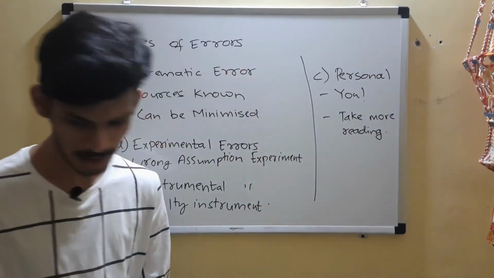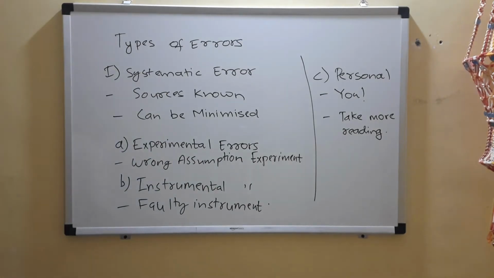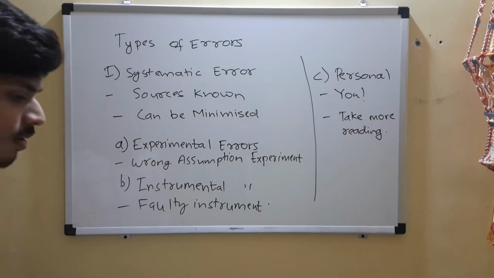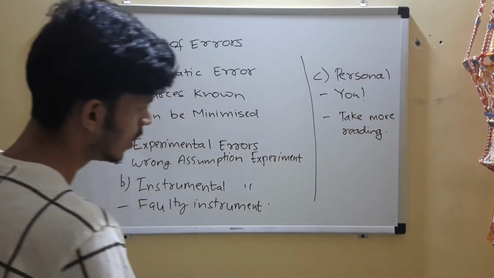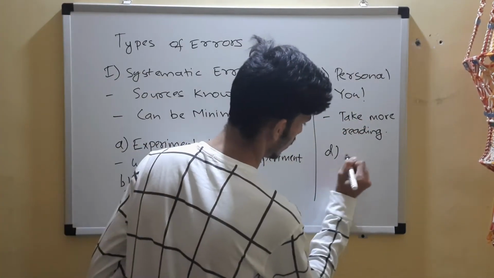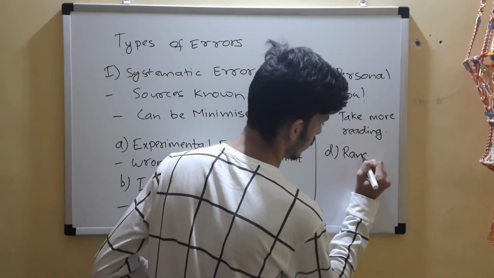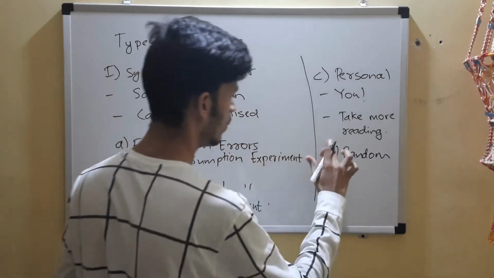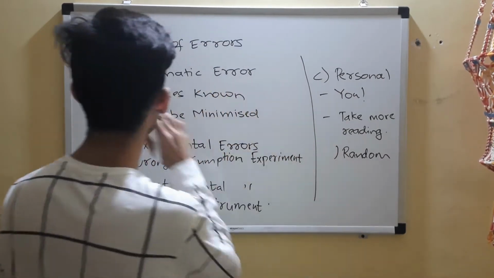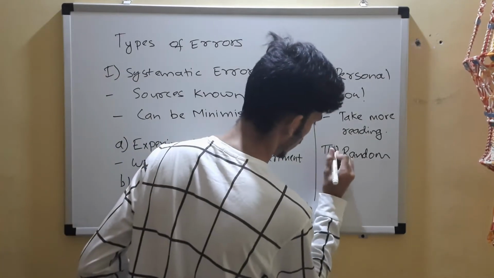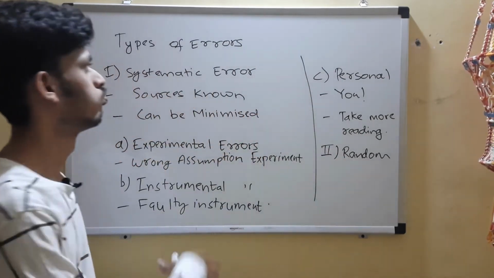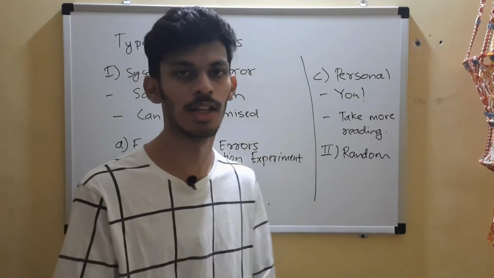Now this thing is not very important, as I said. You can just note down the points. One more I will mention is random error. It is totally random. It's not D actually, it's 2, since it does not come under systematic errors. Its sources are not known.